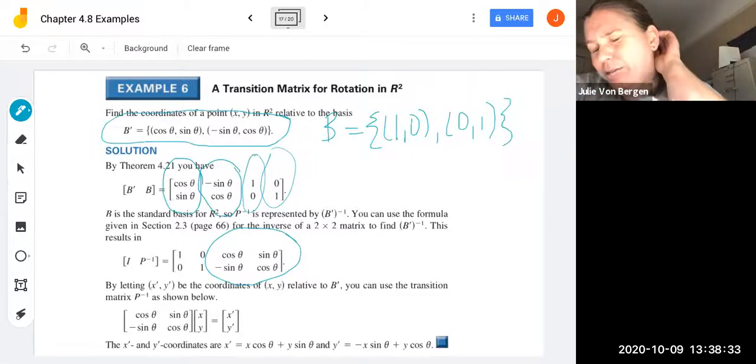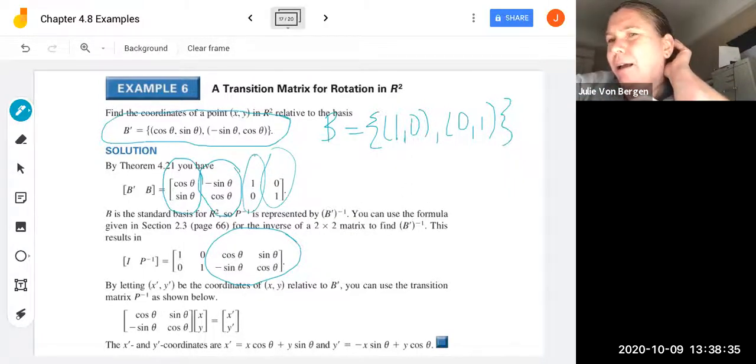Because this is sine and cosine, we go through our 2x2 matrix inverse. We saw that back in chapter 2. You did a lot of work with that. So it's the 1 over the determinant multiplied by the swappings and the negatives swapped in there. So that's how we got this cosine theta, sine theta, negative sine theta, and cosine theta for the inverse of the transition matrix, P inverse here.